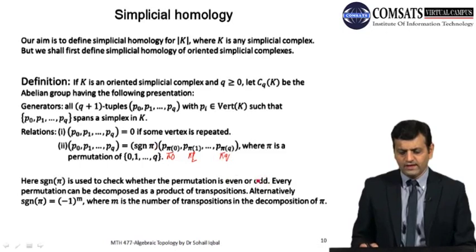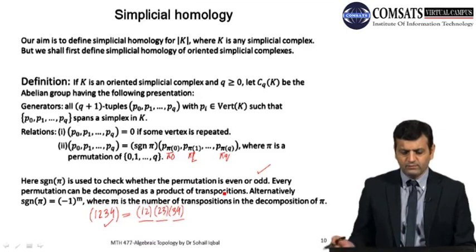So how do we actually calculate whether a permutation is even or odd? Every permutation can be decomposed as a product of transpositions. For example, if we have the permutation (1 2 3 4), it can be written as (1 2)(2 3)(3 4). There is an odd number of transpositions in the decomposition of this permutation, so it is an odd permutation, and its signature is going to be -1.